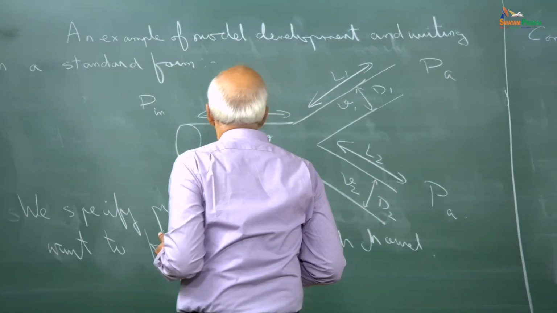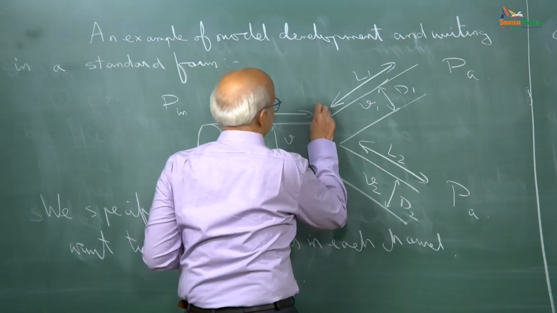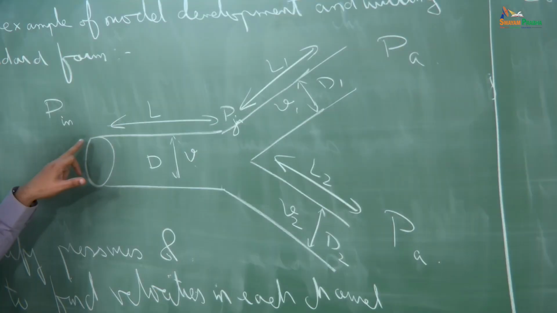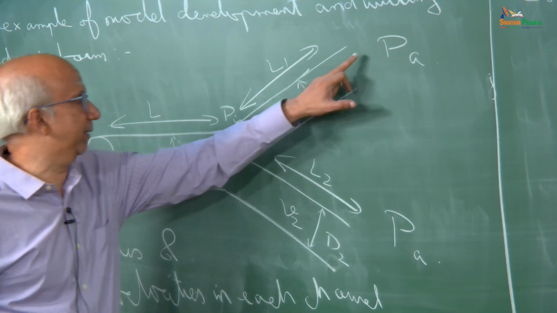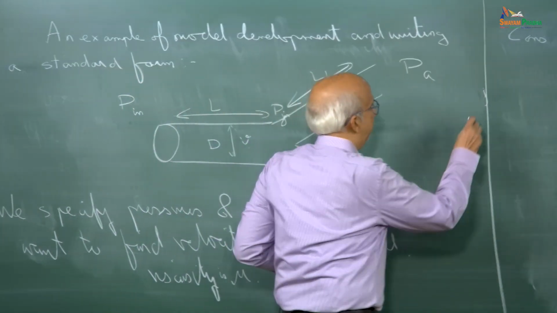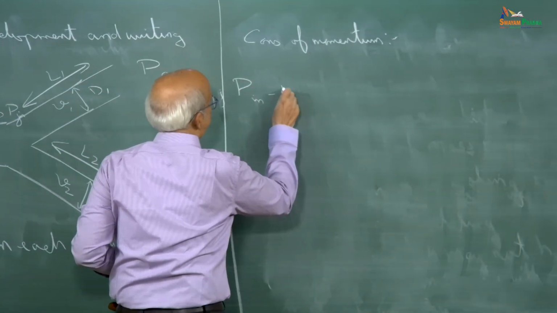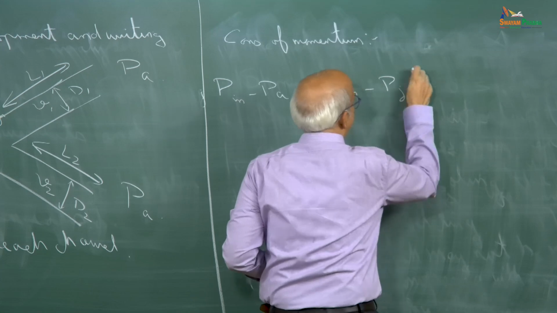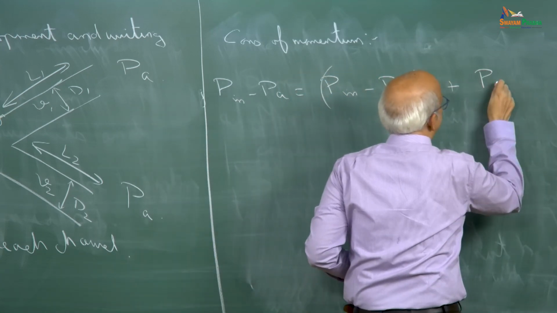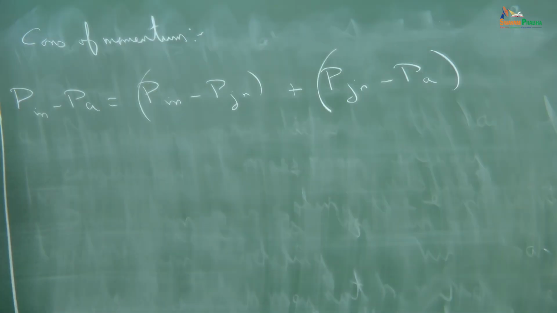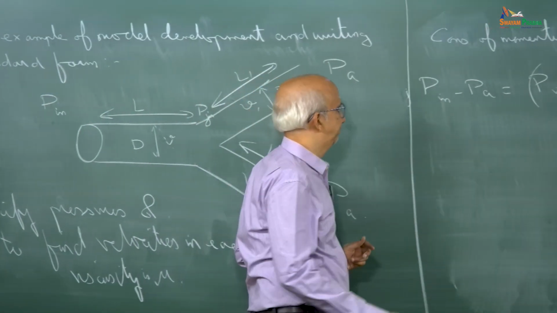Now, let us say this pressure here is the pressure of the junction. I am going to write the expression for P in minus P atmosphere through the upper limb. So, P in minus P atmosphere is P in minus P junction plus P junction minus P atmosphere. I have just added and subtracted P junction.